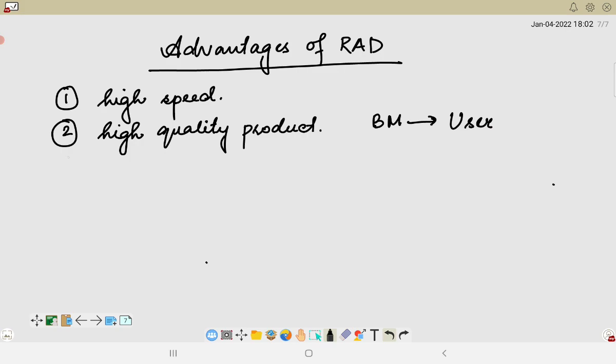Then the third one is that it makes it easier for the users to suggest changes and for the SWAT team to incorporate them in the code. It is highly flexible for change.